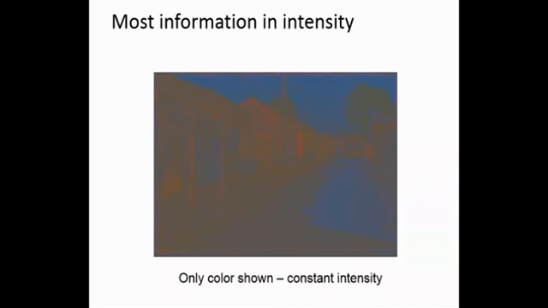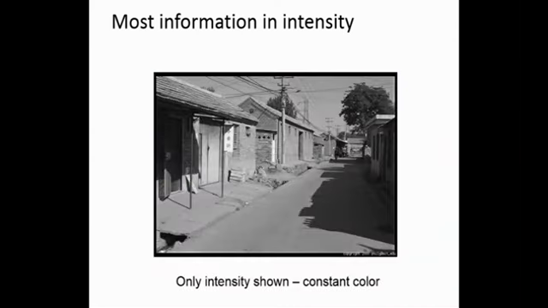So you can represent that information with fewer bits. With intensity, you get almost all the information from the scene. So there's a lot more information in intensity. Between these 2 images, one might look more attractive, but there's not a big difference in what information you can get from it.